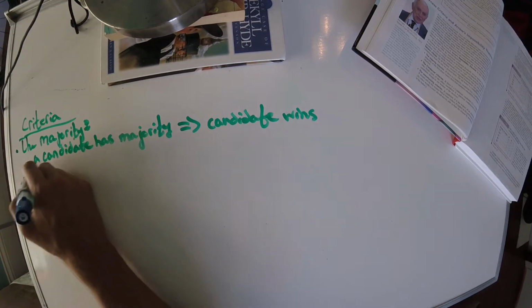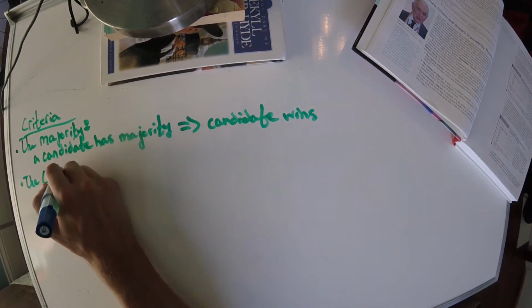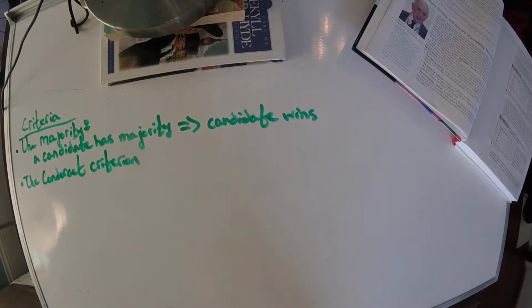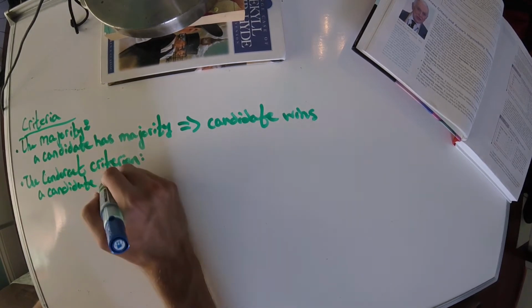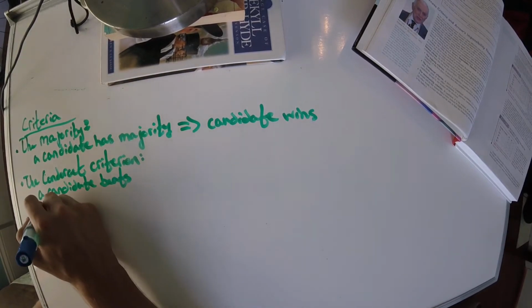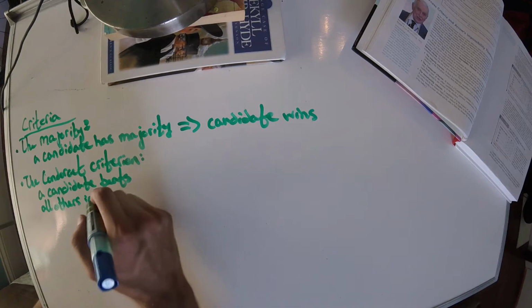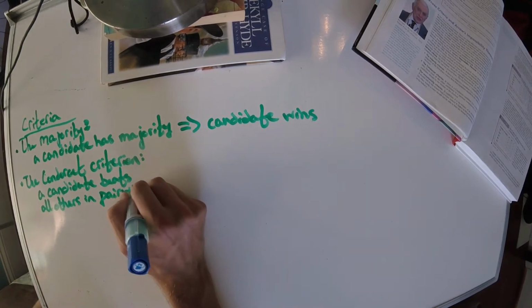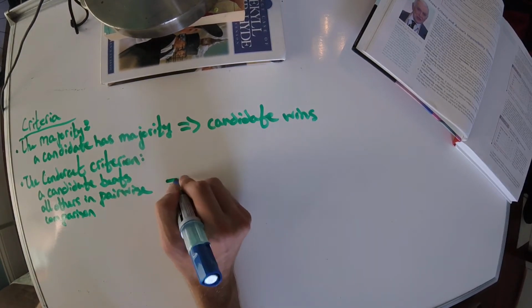Next is the Condorcet criterion. And this is that if a candidate beats all the other candidates in an individual pairwise comparison, then that candidate should win.